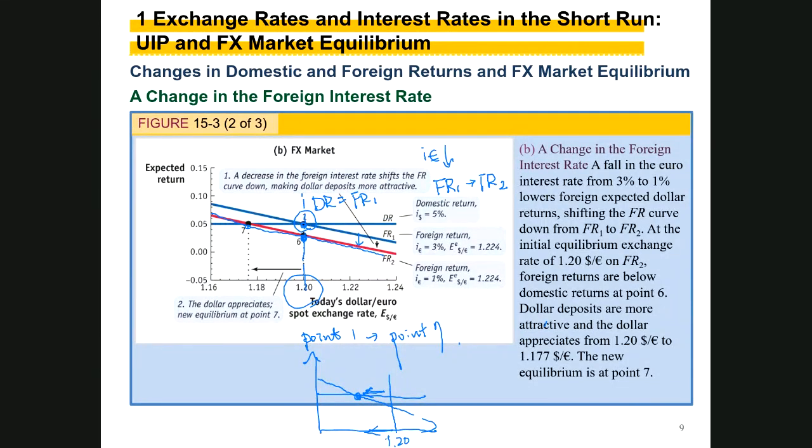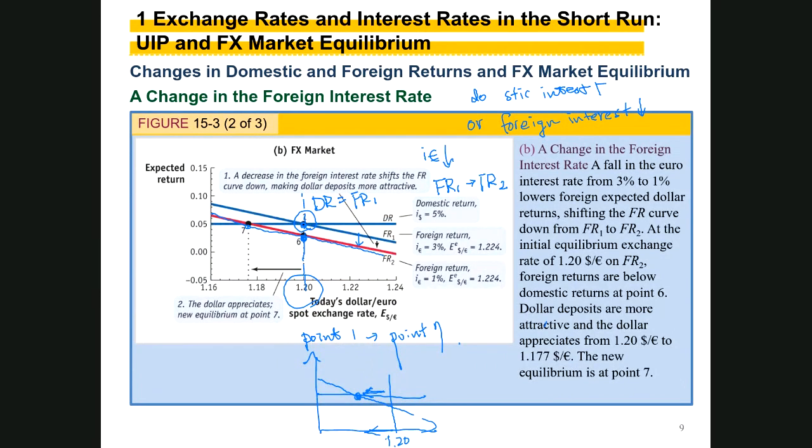Okay, so the idea is the same, right? Either the domestic interest rate increases or the foreign interest rate decreases, their consequence should be the same, right?